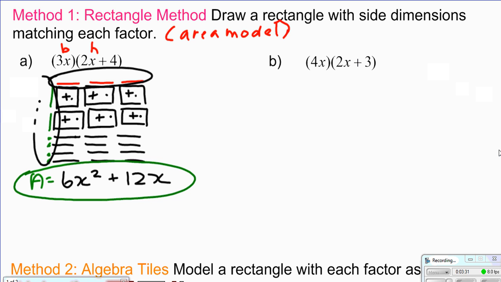Looking at the second one, we're going to do a similar kind of model, base times height. So 4x is the base and 2x plus 3 is the height, or vice versa. So 4x, 1, 2, 3, 4, and then 2x and 1, 2, 3. Filling in the shapes, x times x gives us x squared.